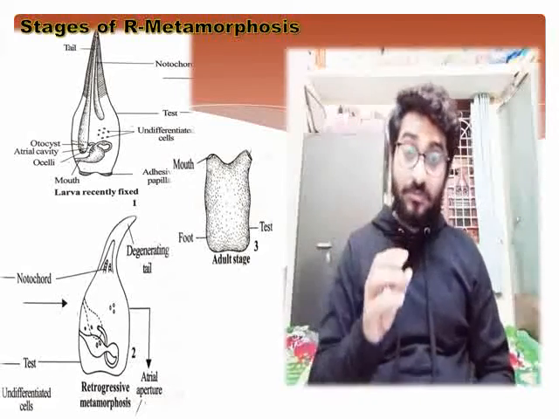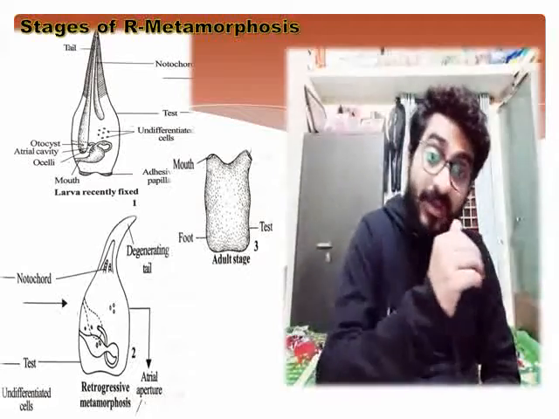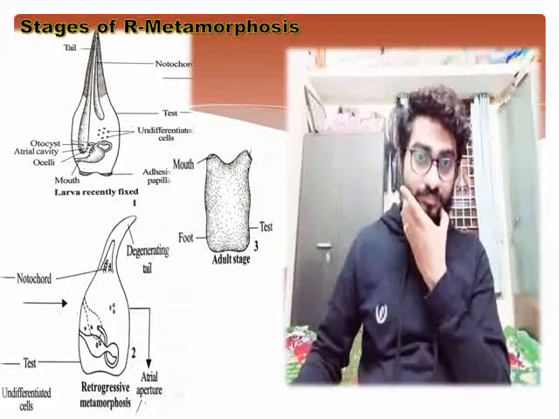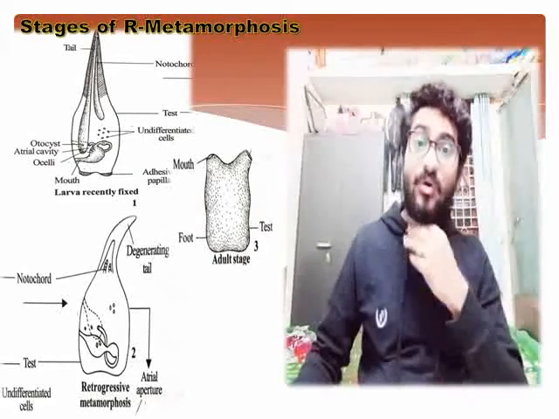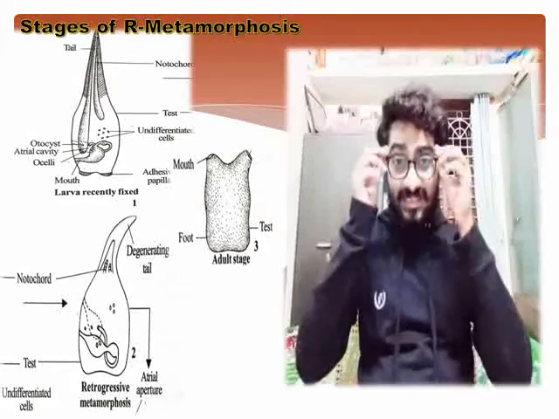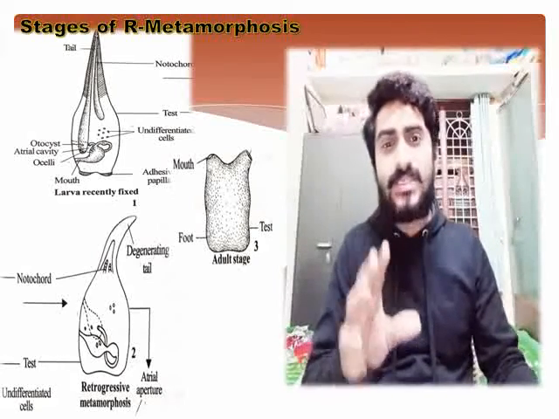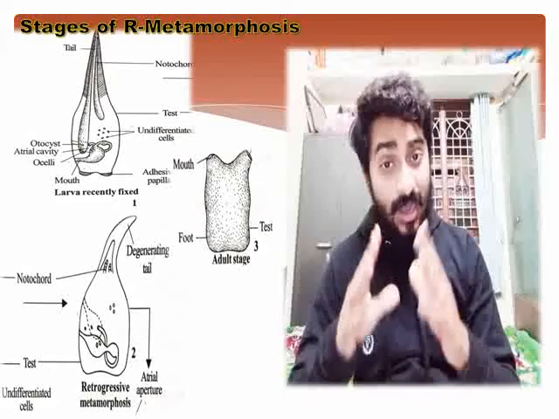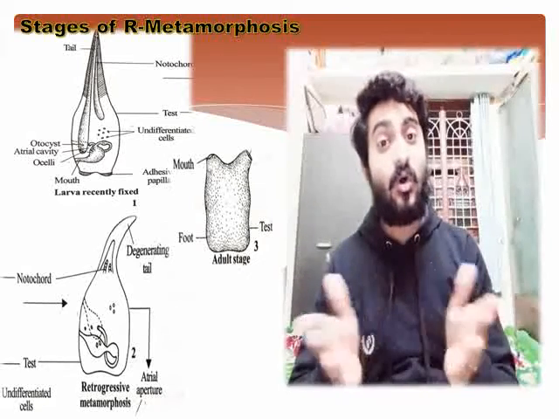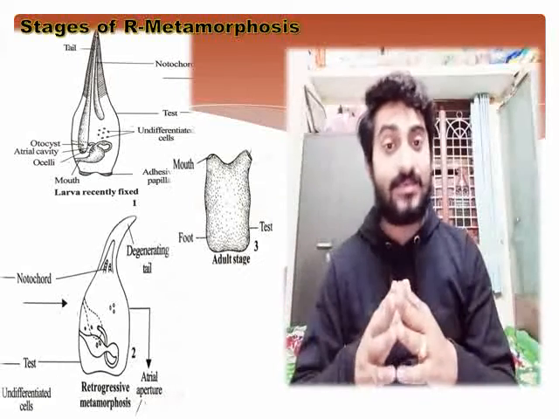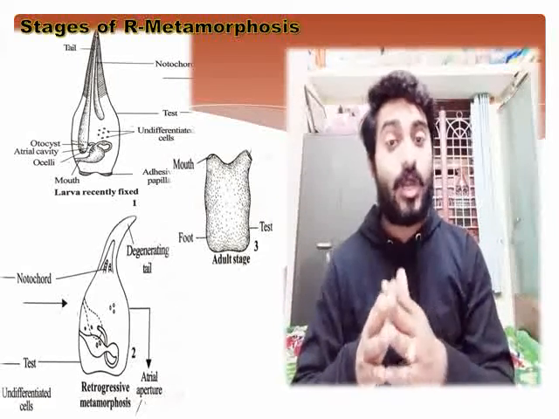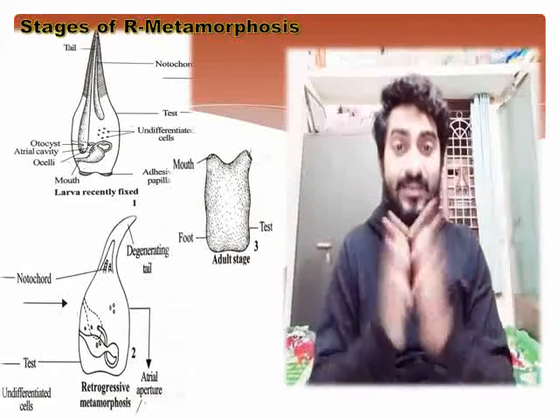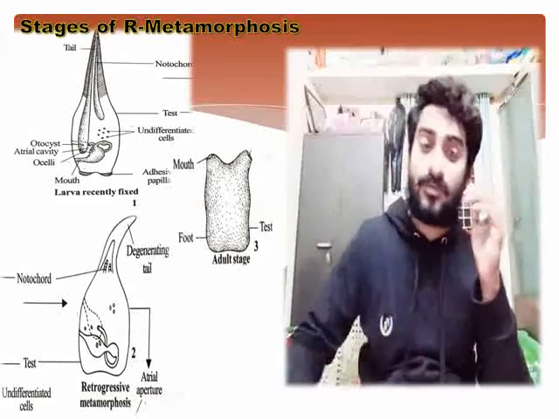But now it is retrogressive metamorphosis. This retrogressive metamorphosis is a type of metamorphosis where the larva, which contains all the advanced characters, loses its characters during the time of metamorphosis.